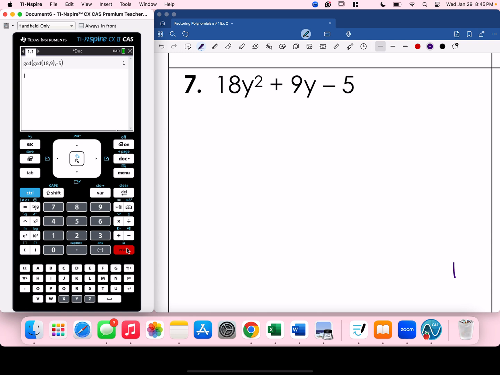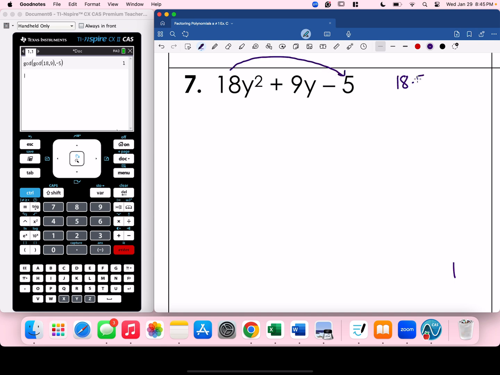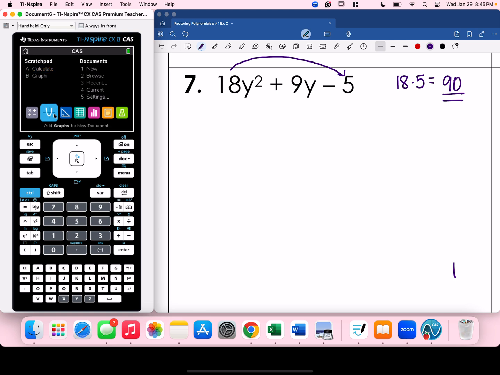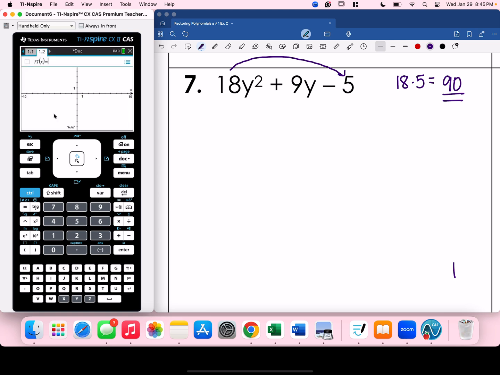So then I can move on to my next step, which is to slide and multiply. Here I'm going to multiply 18 times 5. When I multiply 18 times 5, I end up getting back 90. So now I want to find factor pairs for 90. Guys, the bigger your number gets, the more factors there are, and it's best to always check what those factors are in your graphs.